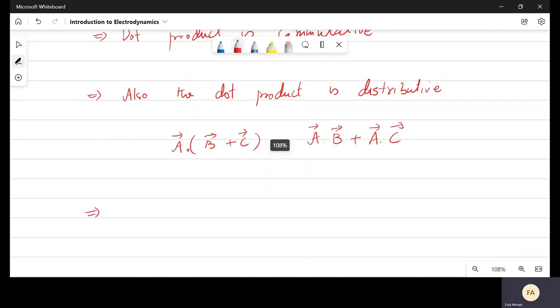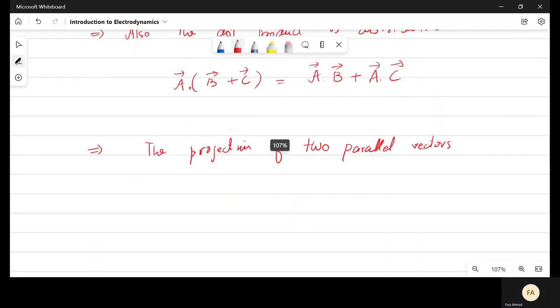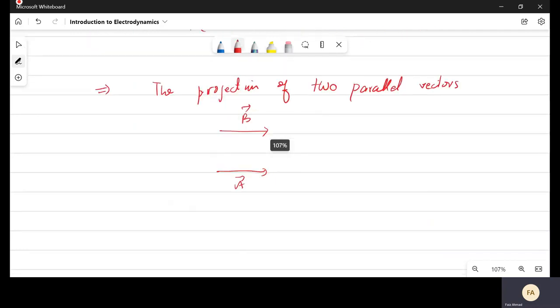The projection of two parallel vectors, one vector is A, one is B. So A dot B is equal to AB.